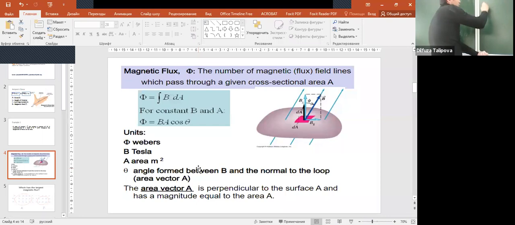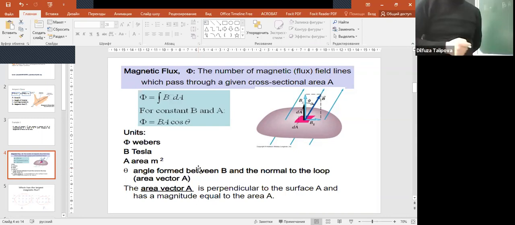According to the scalar product, the dot product of B and A is equal to B A cosine of theta. Okay, so theta is the angle between the magnetic field and the area.